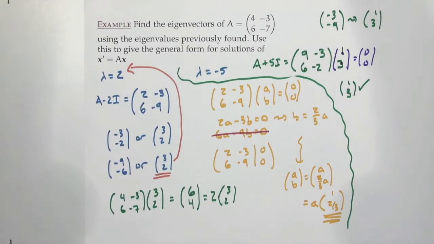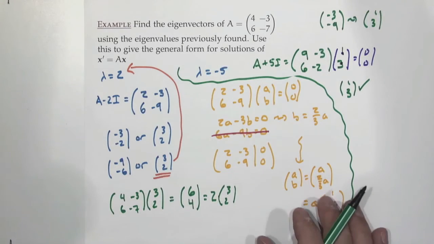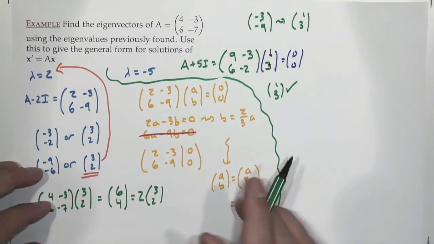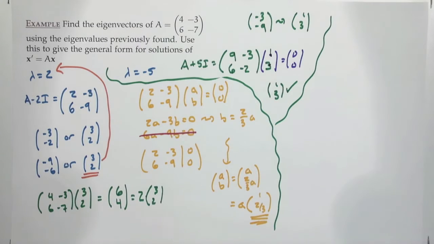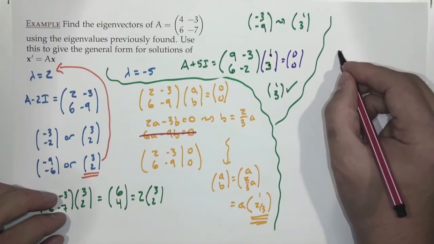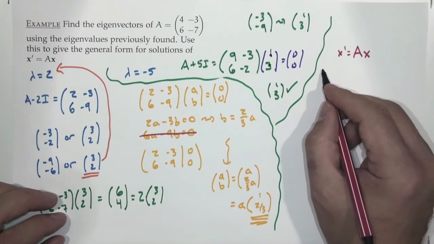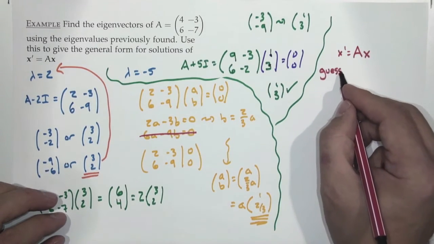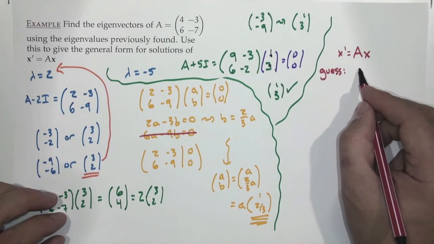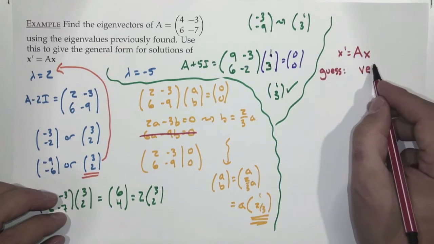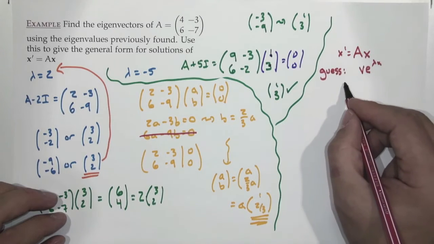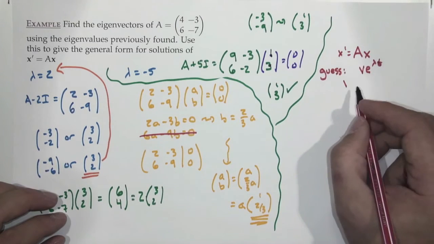Okay, so we can find eigenvectors, and we know how to find eigenvalues, but then there's one other part. I said use this to give the general form for solutions of x prime equals Ax. Now this requires you to remember what we talked about last time. So last time, remember we said, aha, our guess is that solutions look like v e to the lambda t.